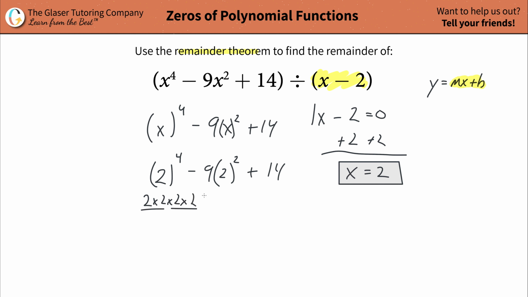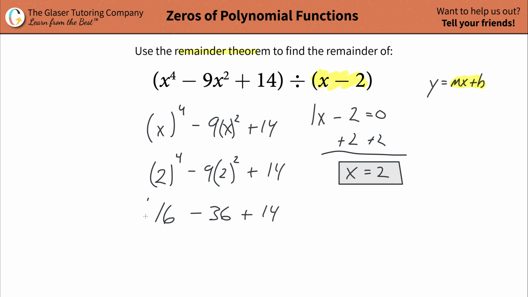That's 4, and that's 4, and 4 times 4 is 16. So this is 16 minus 2 squared. You have to do the exponents first, right? That's a 4, and 4 times 9 is 36. And then you add 14.